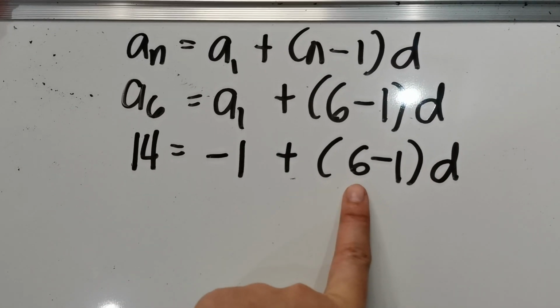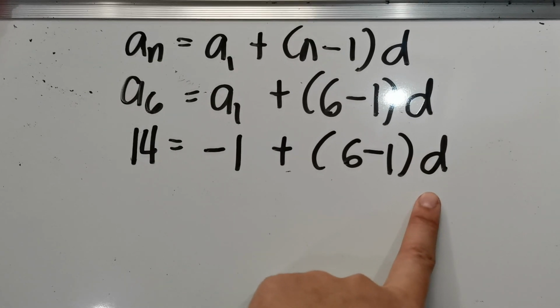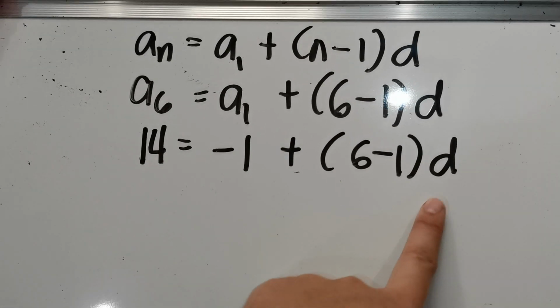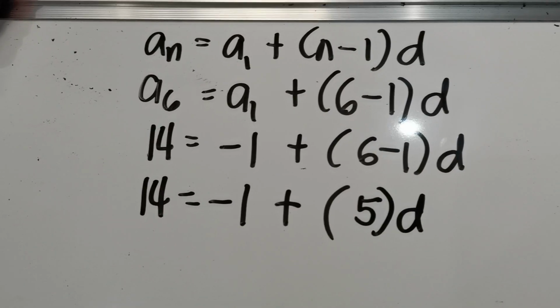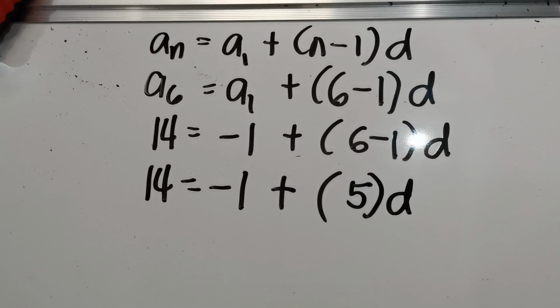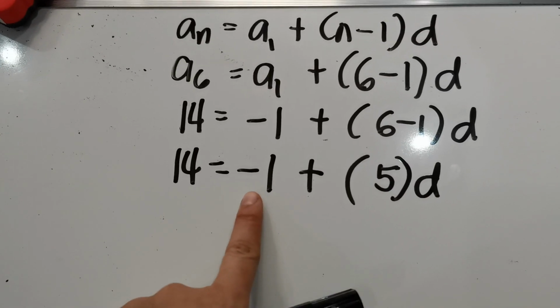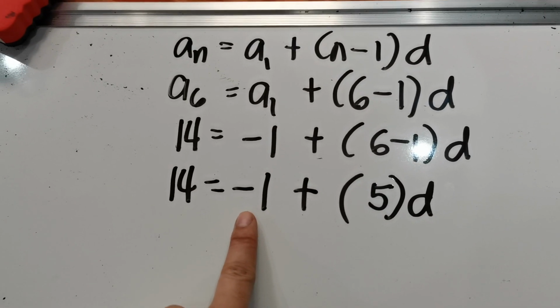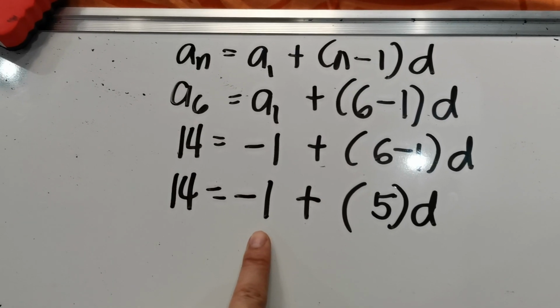And then, we have here the number of terms which is 6. So, let us solve now for the common difference. Simplify natin yan. So, 6 minus 1 is 5 times d. Now, how are we going to find the value of the common difference here? So, in this case, si negative 1 is i-combine natin kay 14 to eliminate here dito sa right side.